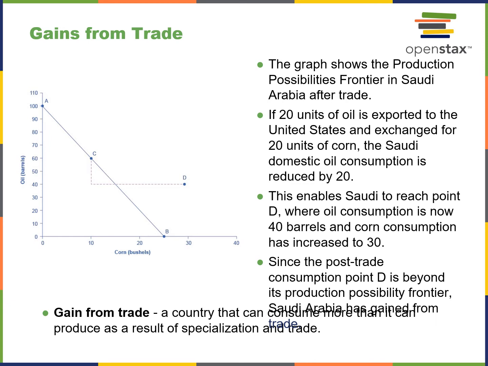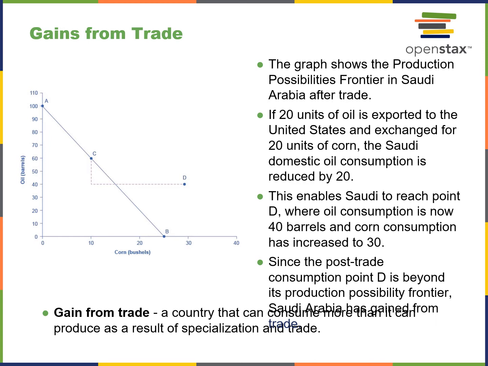So they bought the 20 bushels of corn in exchange for the oil, and so their consumption, for a little bit less production here that they traded away, they got this much here, and so maybe perhaps that made sense for that to happen.